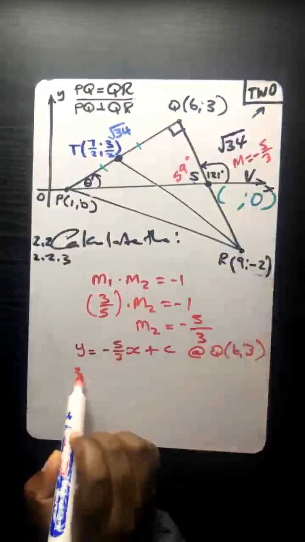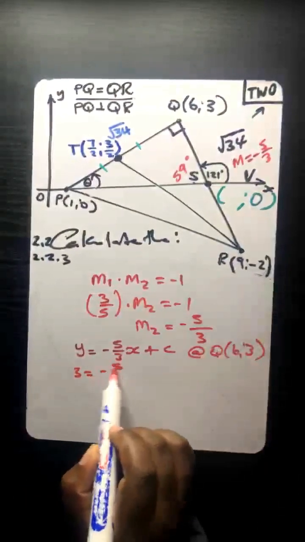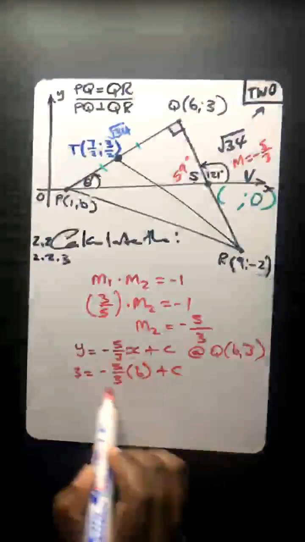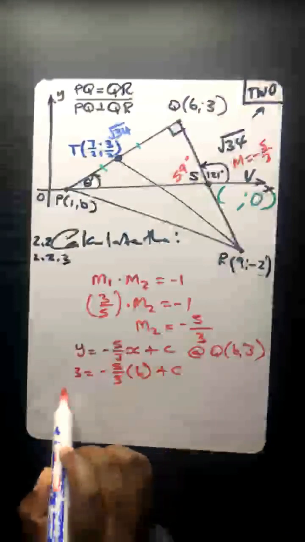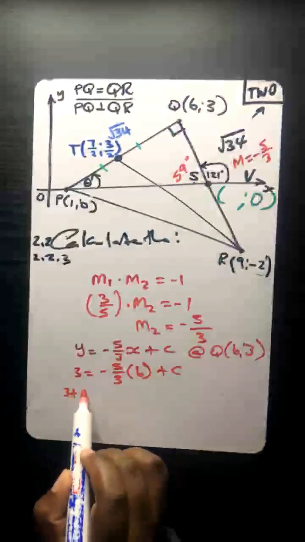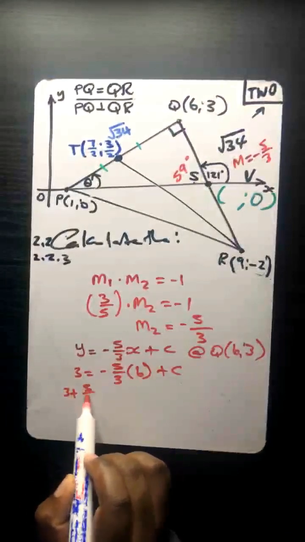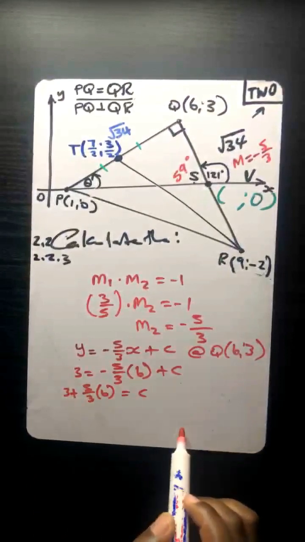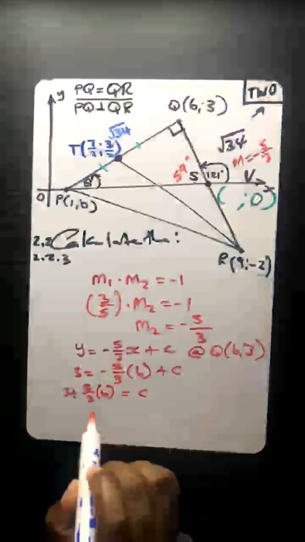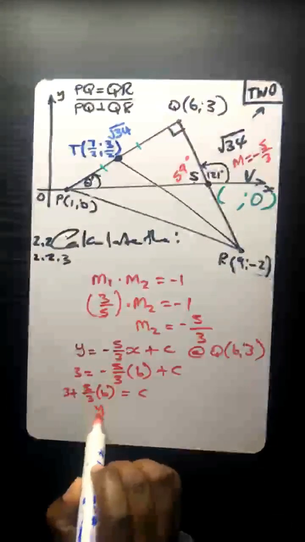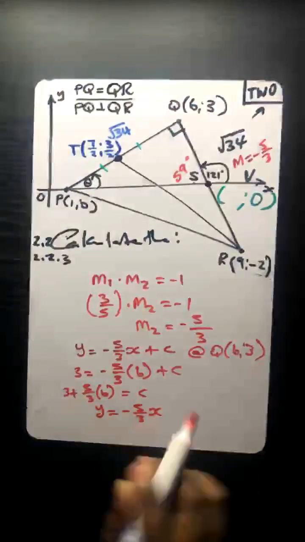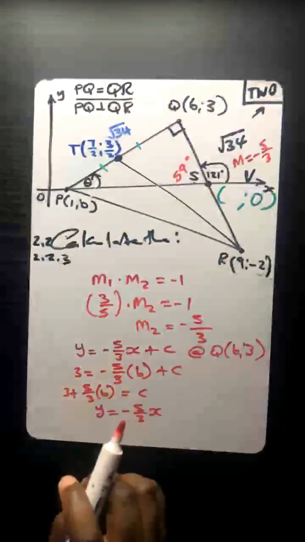So you have 3 equals -5 over 3 times 6 plus c. Take the whole of this to the other side, where you say 3 plus 5 over 3 times 6 is going to give you the c value. Punch all of that, and you will have y equals -5 over 3 x plus c.